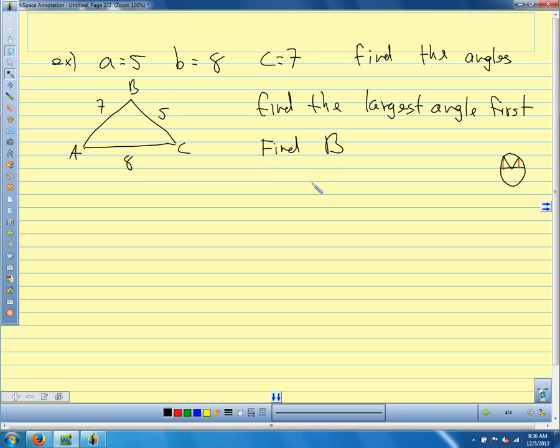So I'm going to use the law of cosines, and it tells me that the cosine of B is a squared plus c squared minus b squared over 2ac.